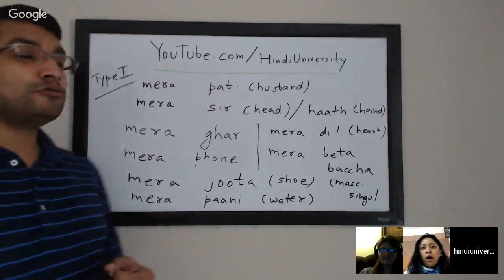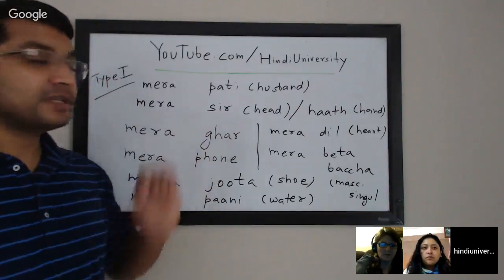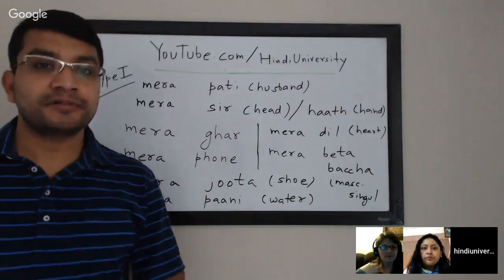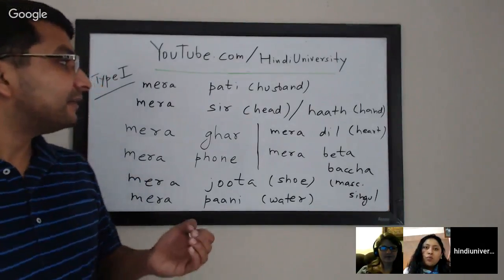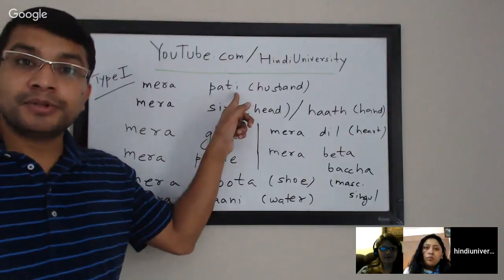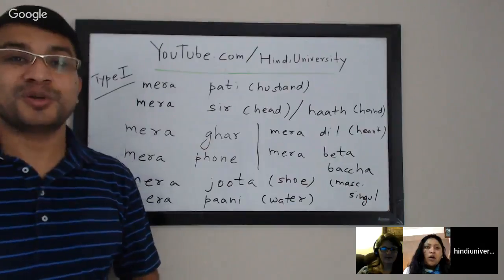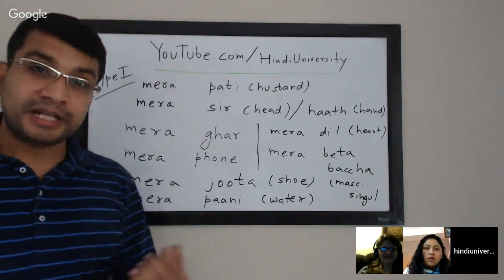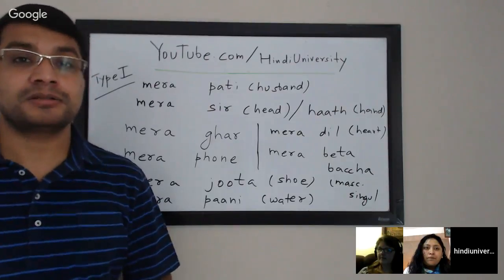Now, there is no one rule that can apply to which object is masculine and which object is feminine. Okay, there are some basic rules around it, that if it is ending with e, for example, ladki ends with e. Okay, beti ends with e. The likelihood of it being feminine is more.